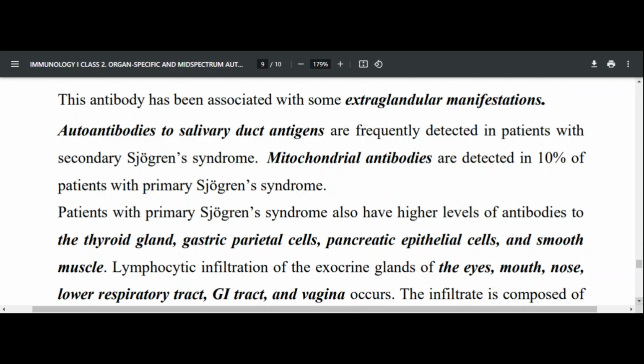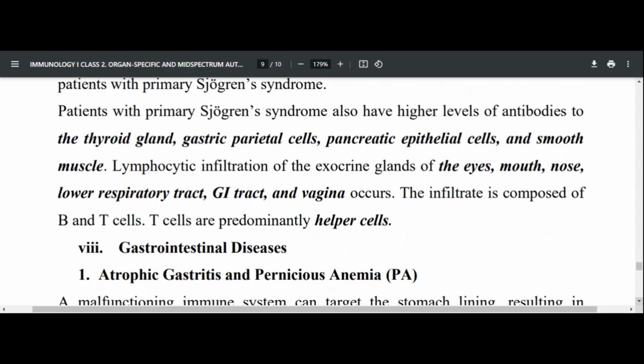I don't think this one is really easy; infiltration of lymphocytes in these organs is something hard to imagine. The infiltration is composed of B and T lymphocytes, and among the T lymphocytes, you find that T helper cells predominate.